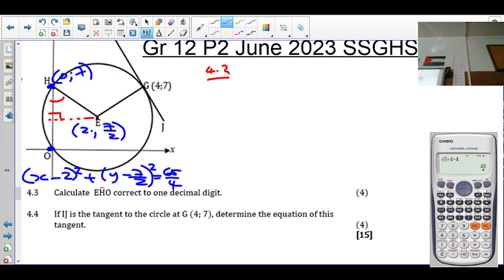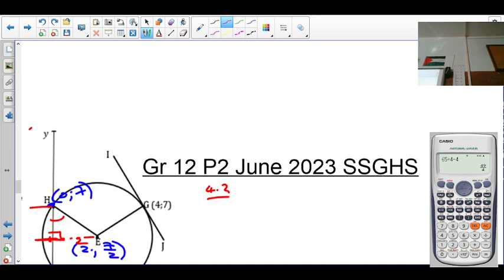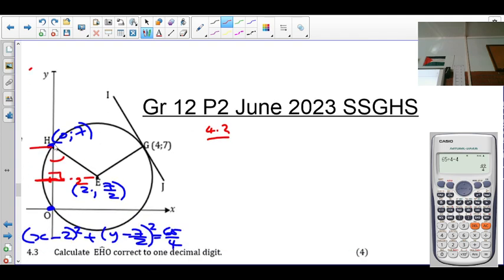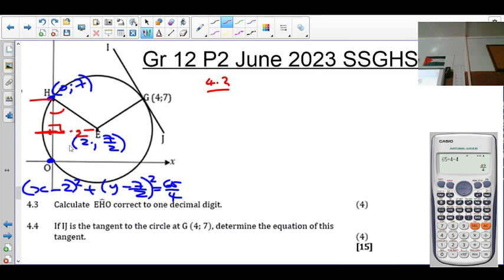This length here, from that point to E, is of course 2 units. And from this point to H, that is 7 over 2 here. And that is 7. So what is the length of H in this point here? 7 over 2. As you can see, 7 minus 7 over 2 is 7 over 2.